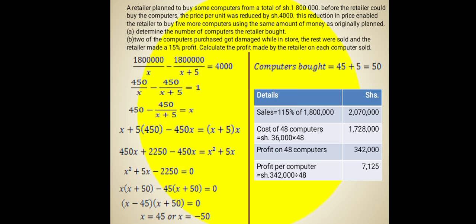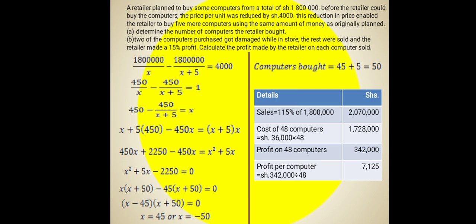Now, if we solve that, we find that originally a retailer wanted to buy 45 computers, but since he bought 5 more, the computers that he actually bought were 50.